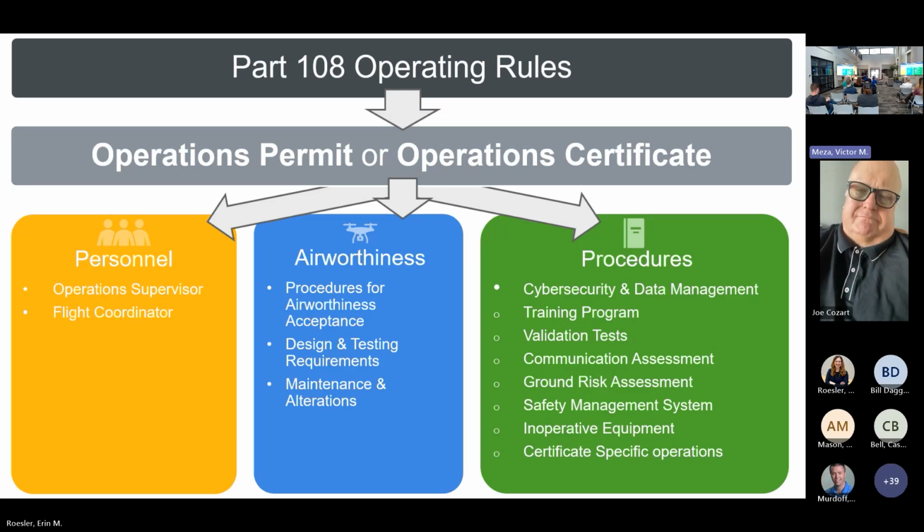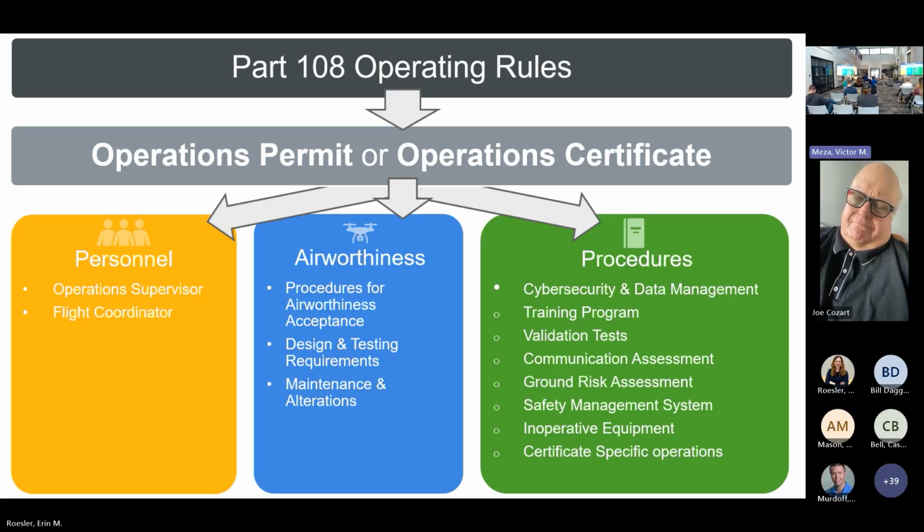But operating certificate, then getting more privileges, I have to prove out a higher level of maturity and rigor to the FAA. So training program, validation tests, communication assessment. I mean, C2. So when I do an operation, I have to have an entire C2 analysis of that flight to ensure that I am going to be able to maintain my link integrity for the planned flight operation.